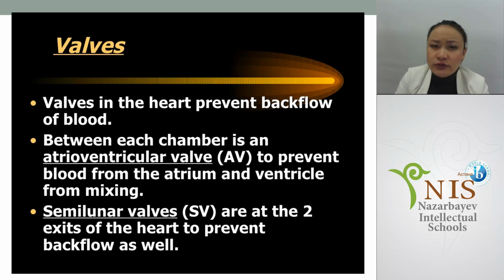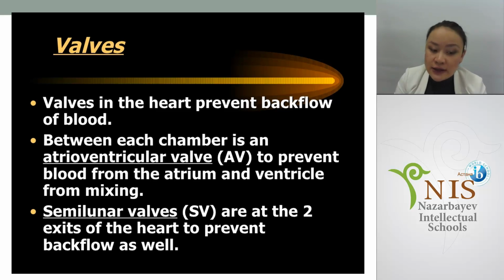Now let's talk about valves. We said valves in the heart prevent backflow of blood. The function of valves is preventing. Between each chamber, as we already said, is an atrioventricular valve, or we could write it like AV, to prevent blood from the atrium and ventricle from mixing.